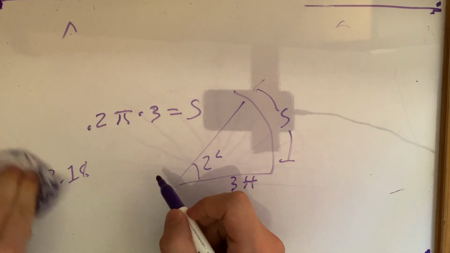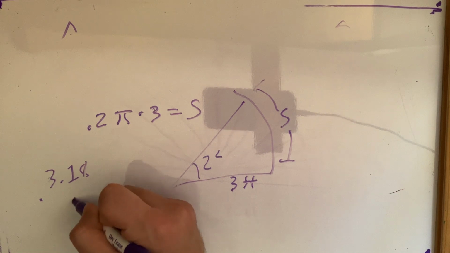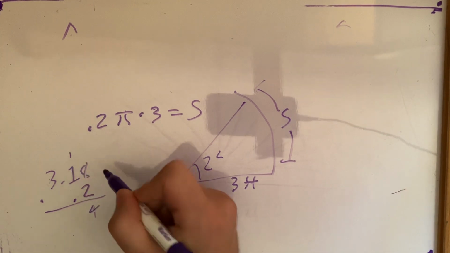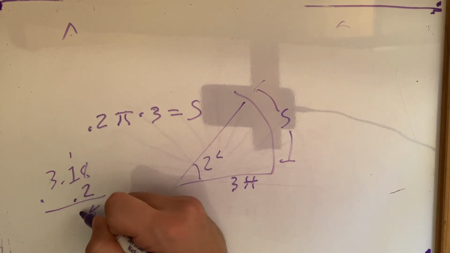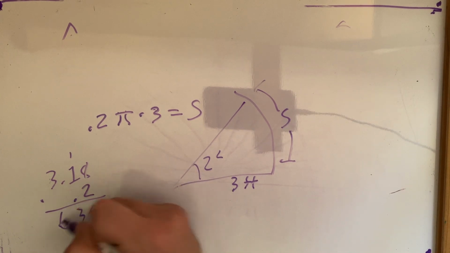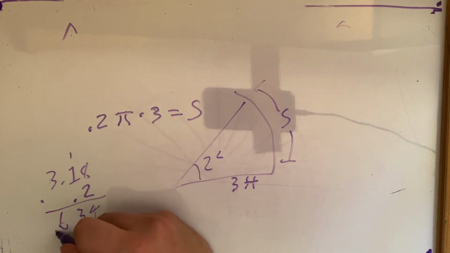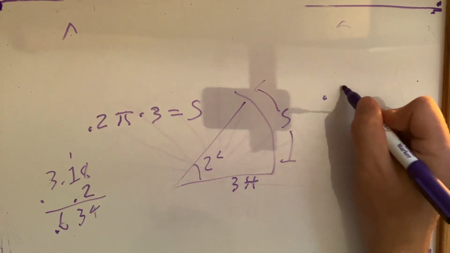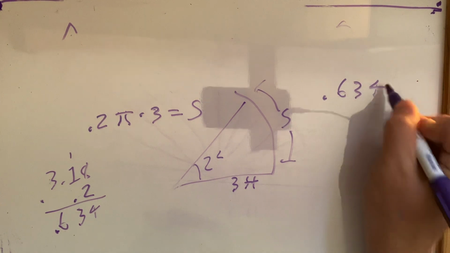So what's this times 0.2, right? 2 times 8 is 14, in base 12 at least. 3, 6, get point. All right, so we get 0.634.